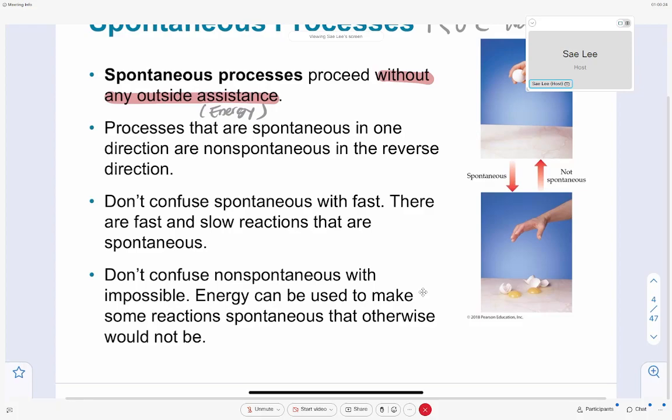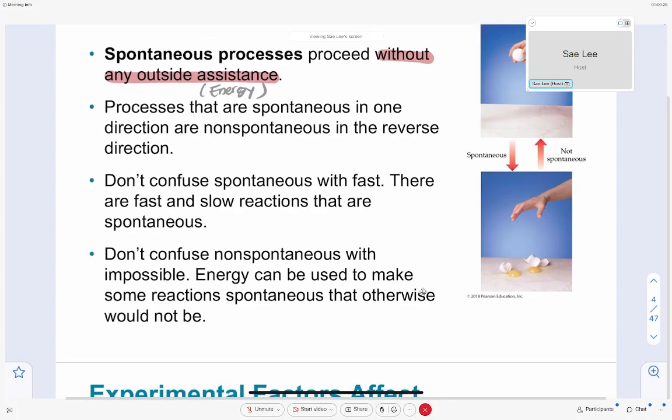That's a non-spontaneous process. We should not confuse spontaneous process with fast process. Spontaneous processes can occur fast or slow. And also, non-spontaneous doesn't mean it's impossible.